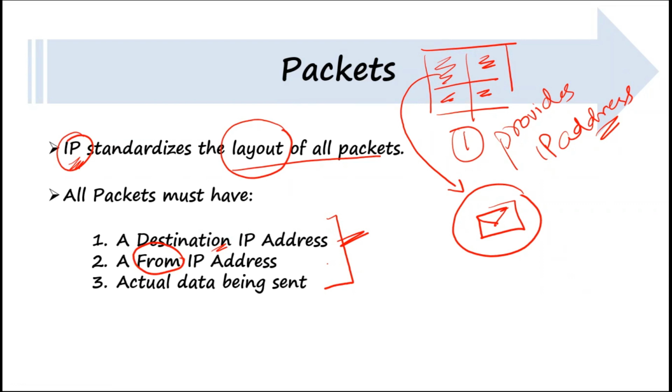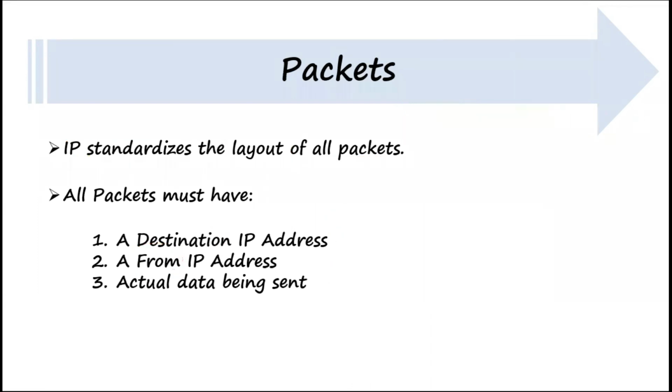Now we have the senders' and receivers' actual addresses as well as the data. If we are considering only IP address working between two computers, we can send only a single packet of data. Why? Suppose there are two computers over here, and we are trying to send one image. This is an image of, let's say, a mountain and a sun over here.